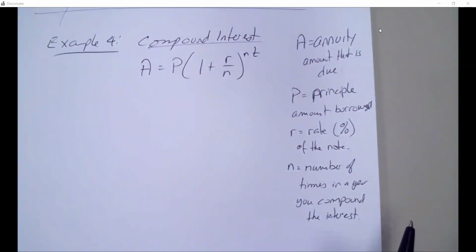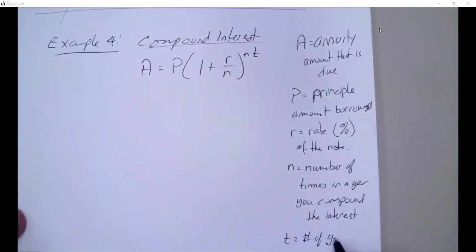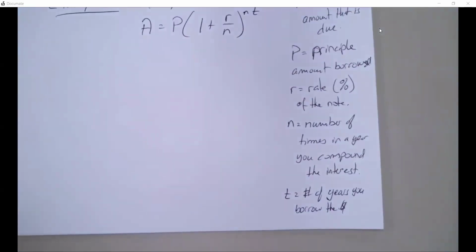If it's yearly, it's 1. If it's weekly, it's 52. If it's daily, it's 365. So that's what N stands for. T is the number of years you borrow the money. That's what the T is.